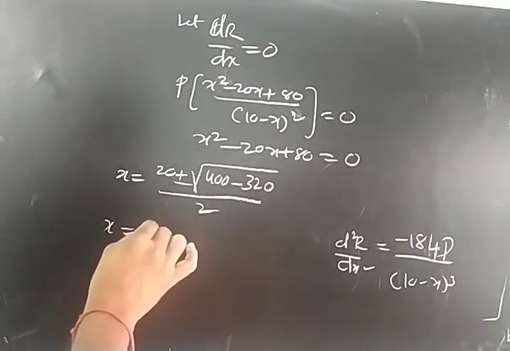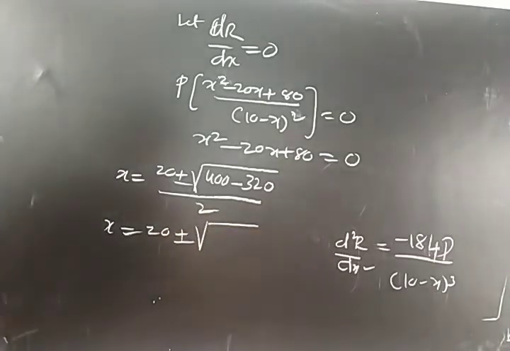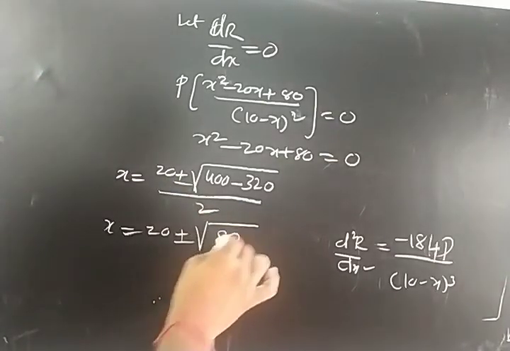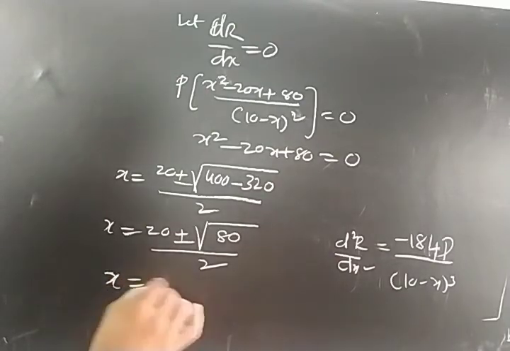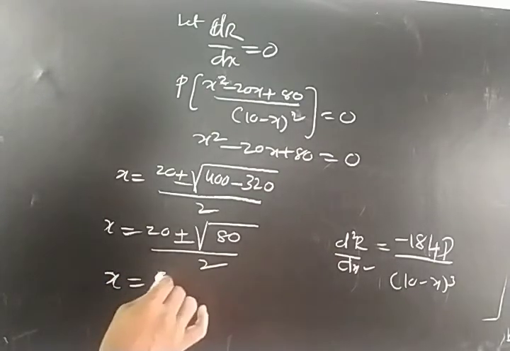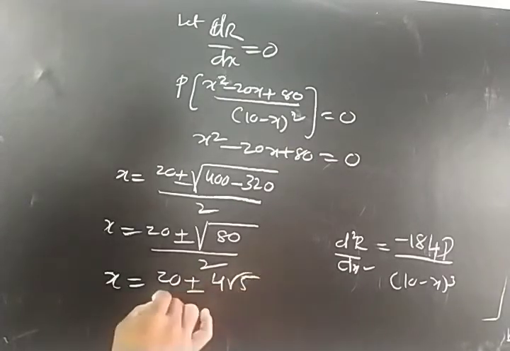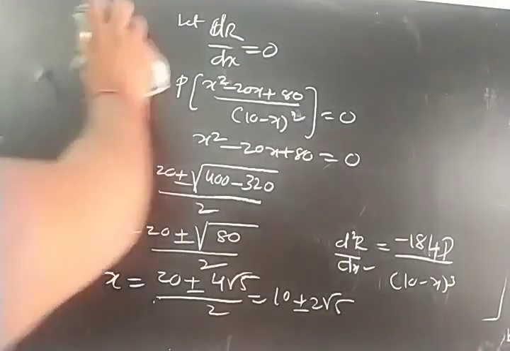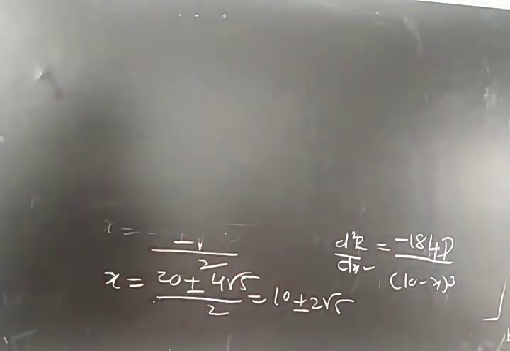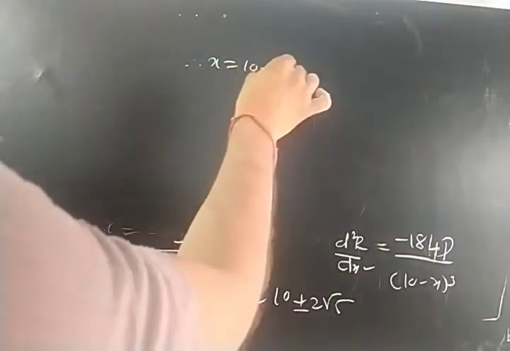So x is equal to 20 plus or minus square root of 400 minus 320, means 80, by 2. 80 you can write as 16 into 5, so 16 means 4 root 5 by 2. So by simplifying you will get 10 plus or minus 2 root 5. These are the x values. So stationary points are, therefore, x is equal to 10 plus or minus 2 root 5.